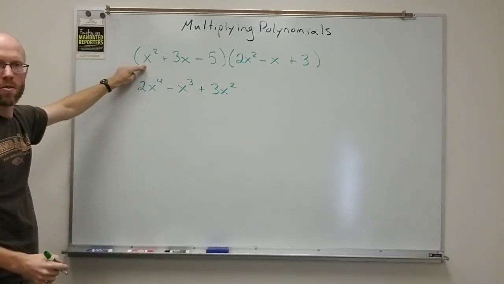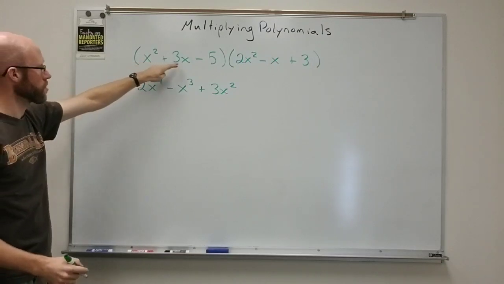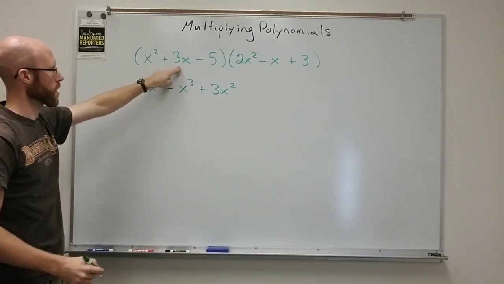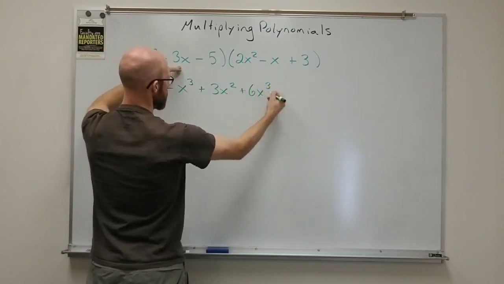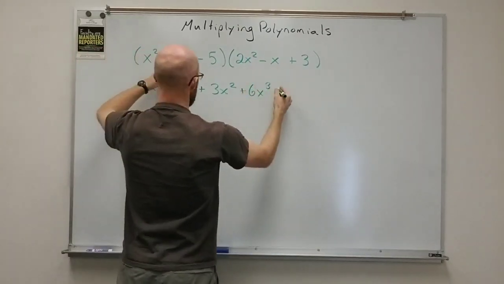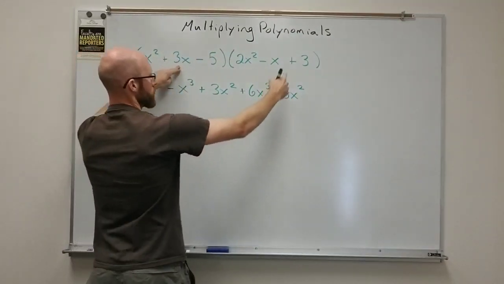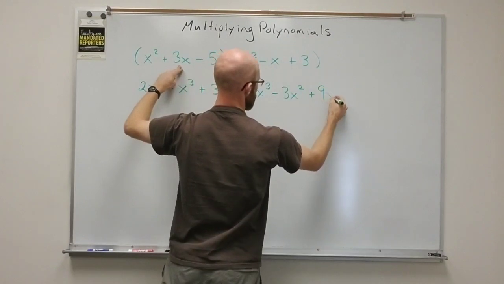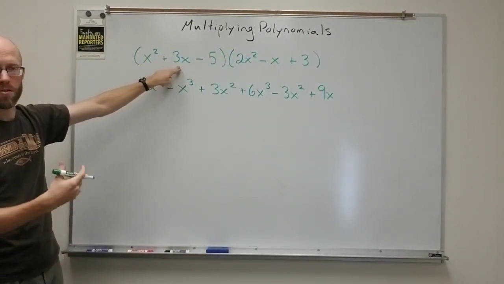Okay, so that gives me my first three terms. Then I want to jump over to the 3x. I get 3x times 2x squared is 6x cubed. 3x times negative x is negative 3x squared. 3x times 3 is 9x. Okay, so that takes care of the 3x.